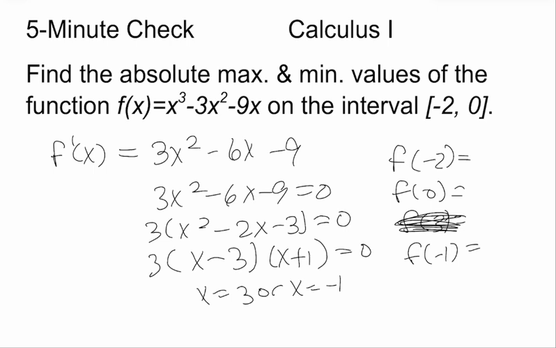So if we plug in -2 into our original function, we get -8 minus 12 minus 18. We always plug into the original function, because we're looking for the biggest and the smallest in the original function. So we get -38. If we plug in 0, we get 0.